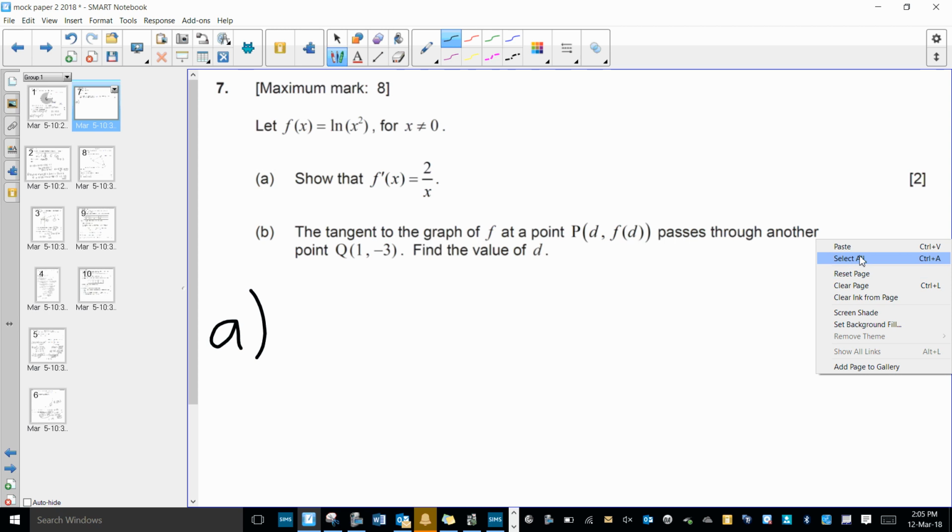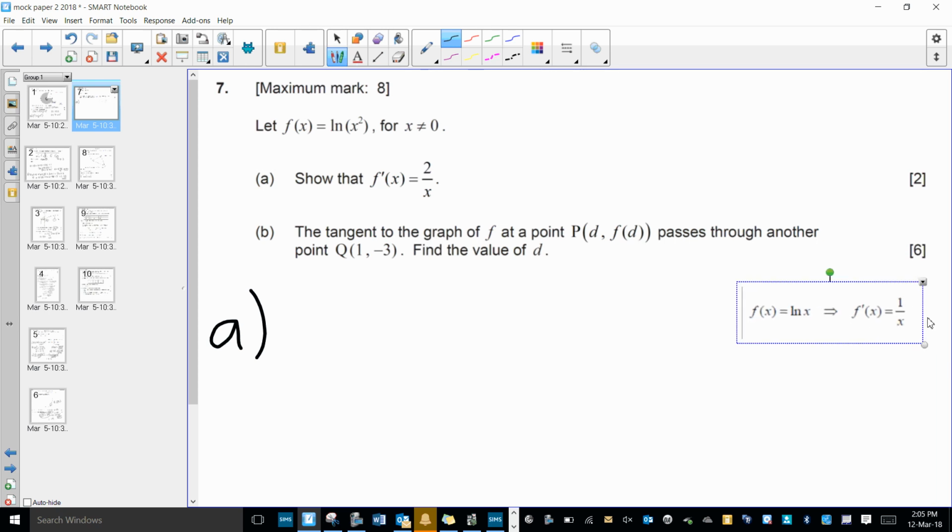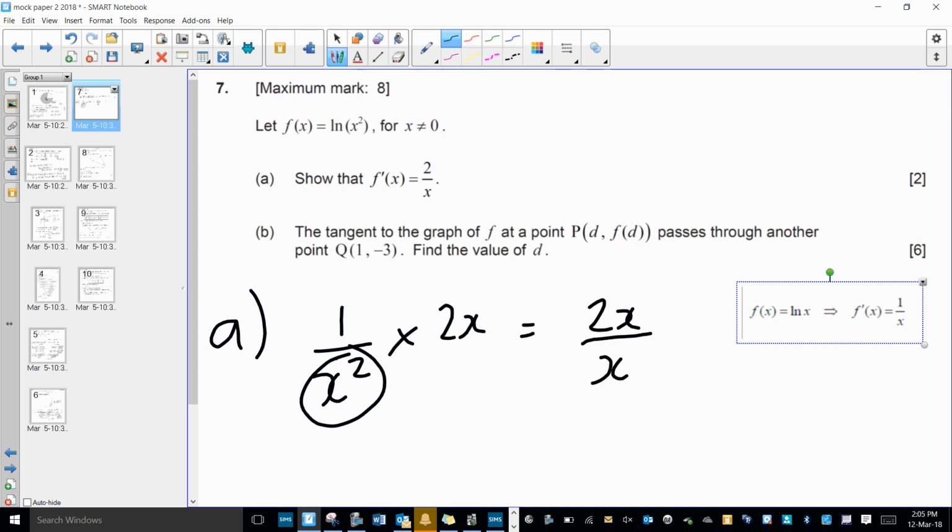When it's ln x, it would be 1 over x. So we would have 1 over x squared, but we have to multiply by the derivative of what's inside. So we're multiplying by 2x. That's just 2x over x squared. One of the x's cancelled, so it's just 2 over x.